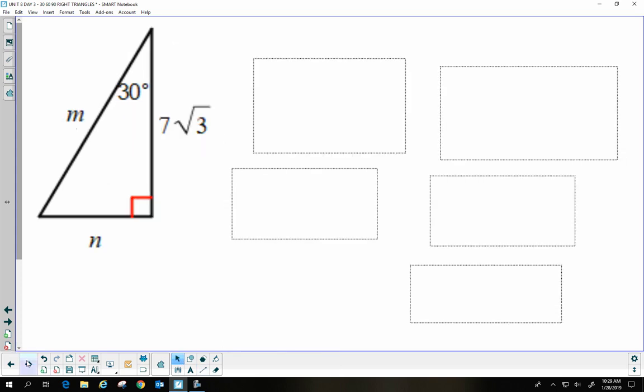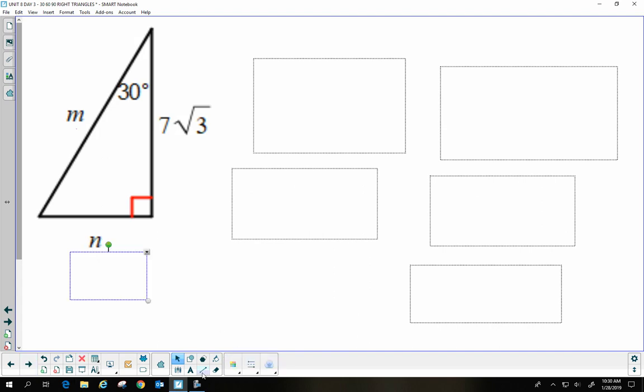So we can use that idea just like we did with the isosceles right triangles, and we can create proportions. Since we have similar triangles, our reference triangle will always be similar to a 30, 60, 90 because they have the same angles. And so we can write proportions using the sides that correspond, and then we can use those to solve.